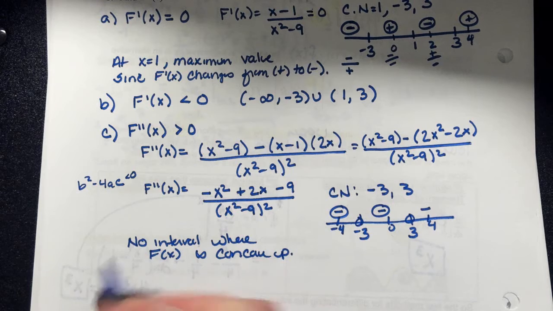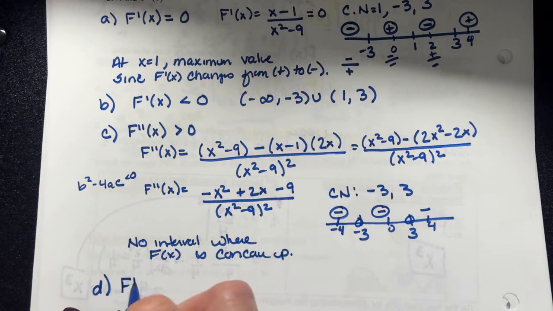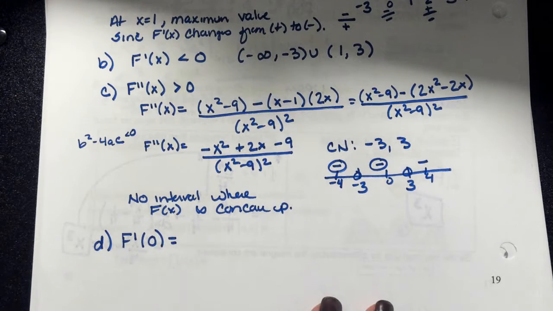Okay. So then part D. It wants me to find f prime of 0. How am I going to do that, do you think? Plug it in. I agree. But I've got 3 places I could plug it in. Where am I plugging 0 into?